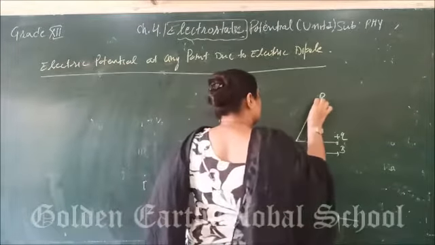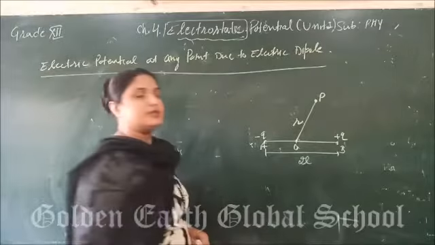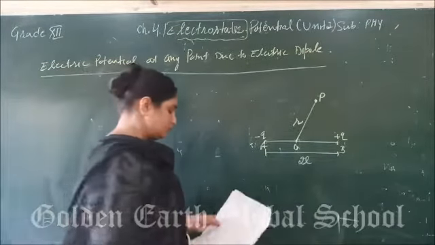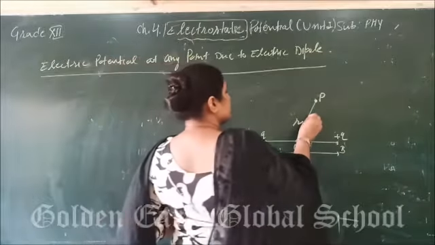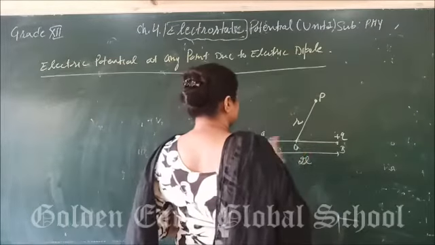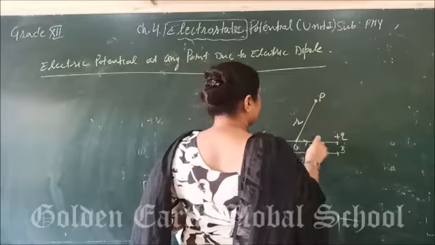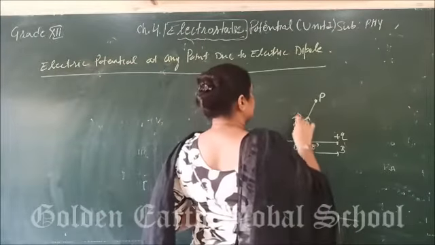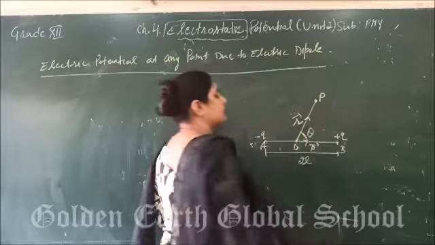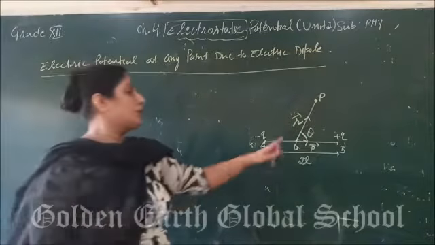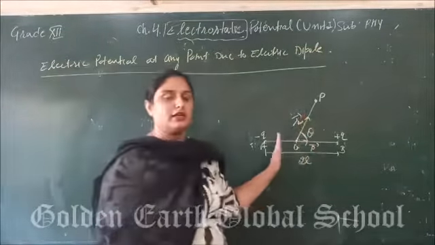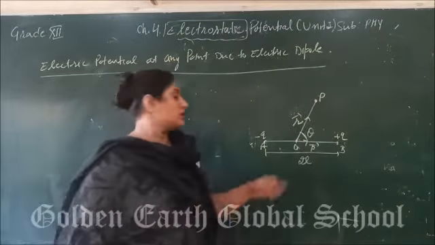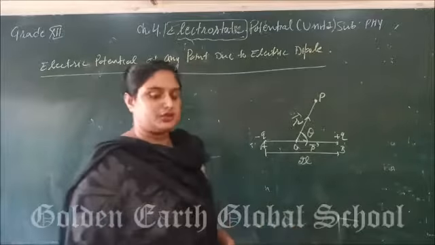Let us suppose the point P is at a distance r from the center of this dipole. Next, this dipole moment is directed from negative to positive, and the direction of the vector r is at angle theta, or you can say that the point P is lying at angle theta with respect to the direction of the dipole moment.